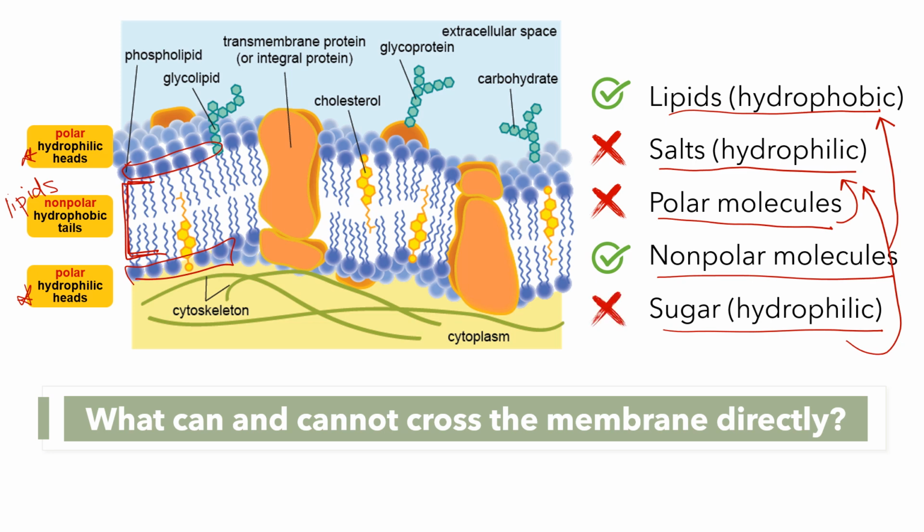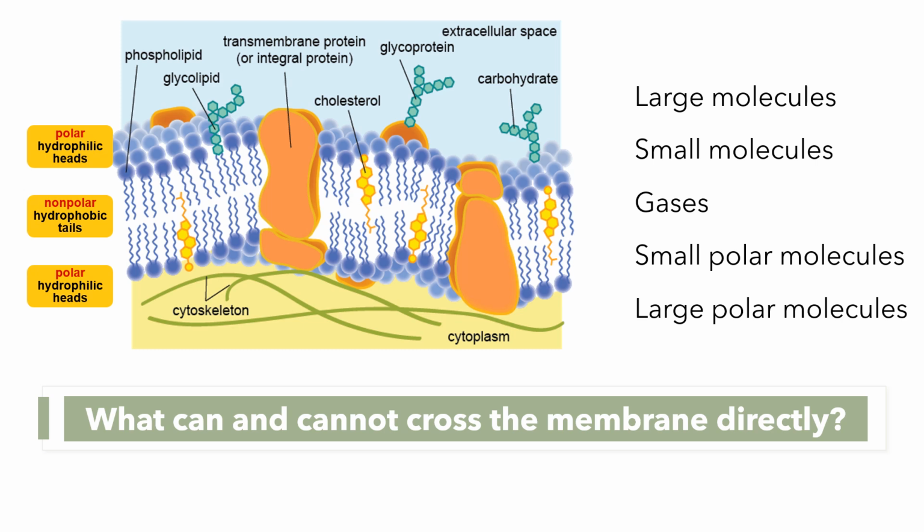So things that are hydrophilic or polar cannot pass through. Things that are hydrophobic or nonpolar can pass through. That's the basic idea here. There's a few other stipulations, however. If it's polar, it cannot cross. If it's nonpolar, it can, because we have to say, can it pass through this highly nonpolar area? And if it's nonpolar, it can.